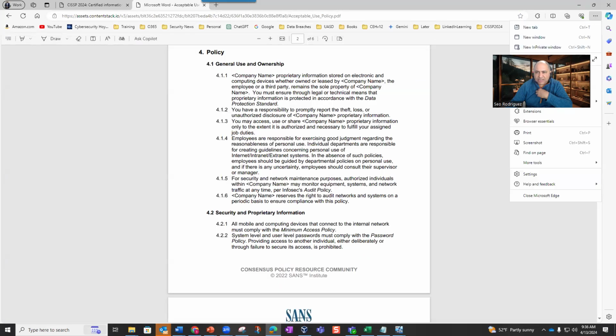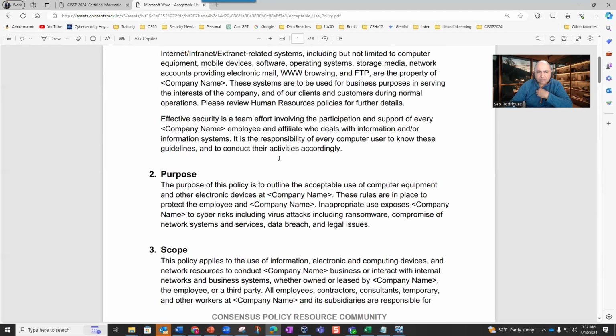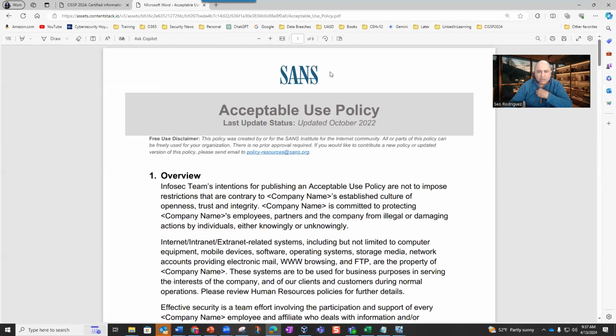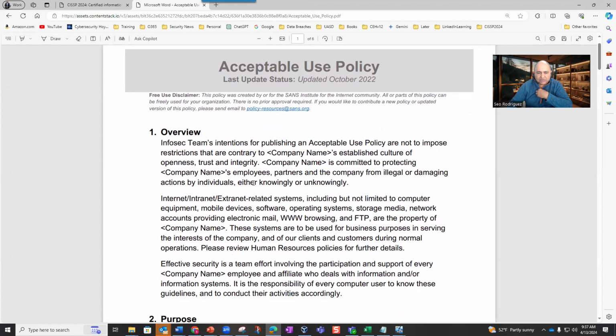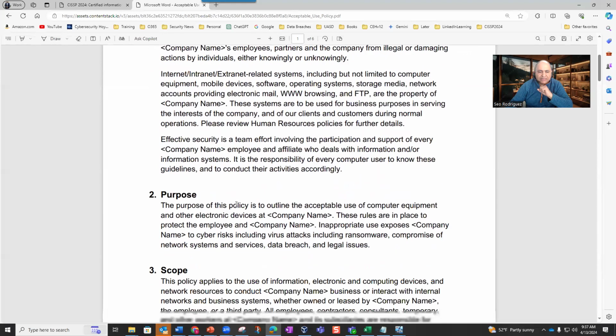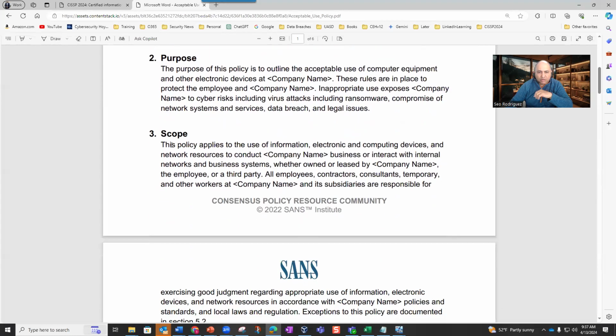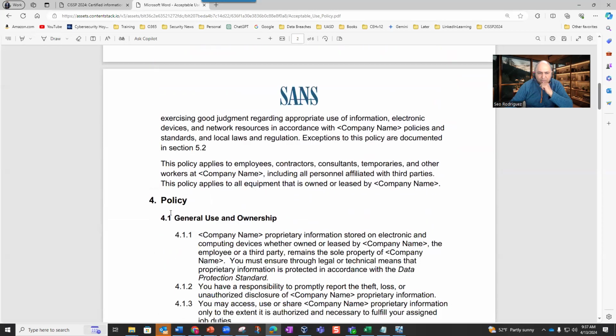So here is a sample of that policy. Obviously, you would change this. An overview of the policy, so what is the intent, an overview of the overall policy, the purpose of the policy, really important, the scope of the policy. This is another section that any policy should have. And then the policy itself.